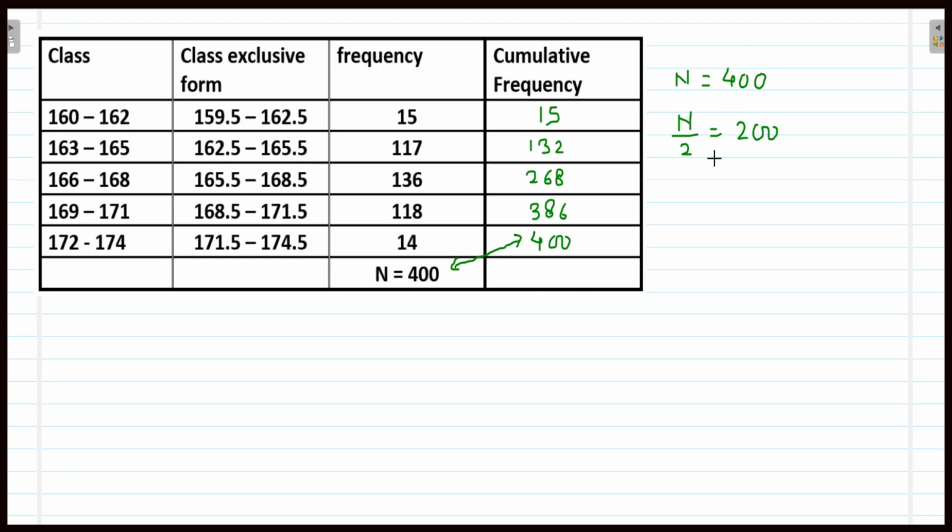Then we search for 200 in the cumulative frequency. We don't find 200 here anywhere, and we see that it lies between 132 and 268. This 200 lies between 132 and 268, and therefore we take 268.